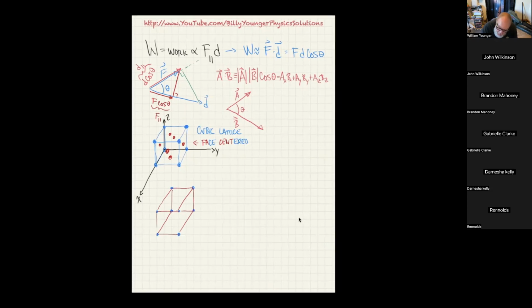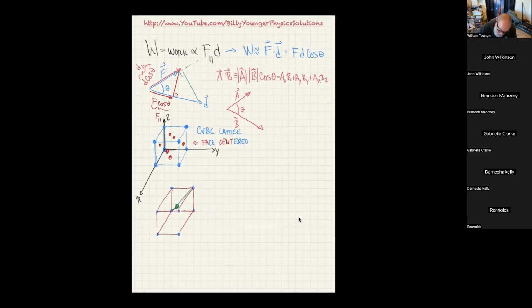But now inside of there, we could have a single atom in the center. And that would be connected to this guy by that little bond there, and to this guy by that little bond there. Okay.